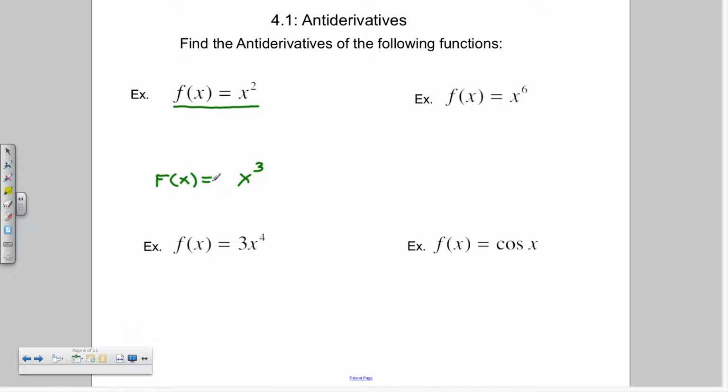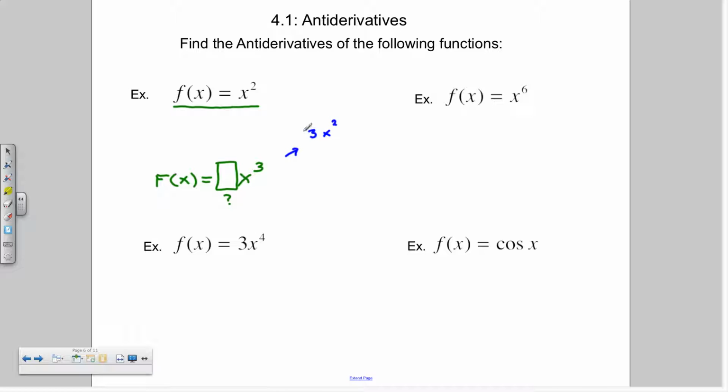So capital F of x equals, and then we might need a number in front, so something to the third power. And then let's think about what this number could possibly be. Okay, well, I know that there's no number in front of the x squared, or rather the number is 1. So if I were to derive this as it stands, just x cubed, I'd get 3x squared. Now obviously here, we don't have a 3.